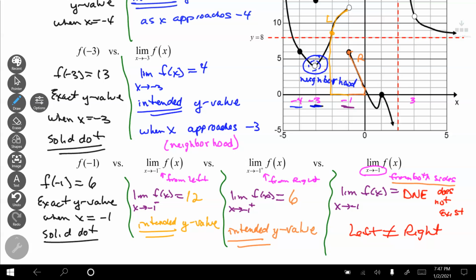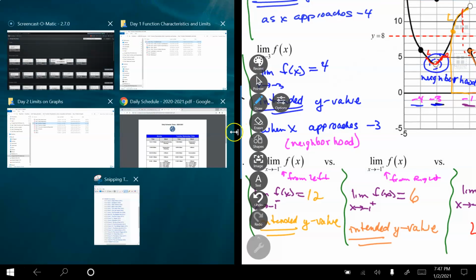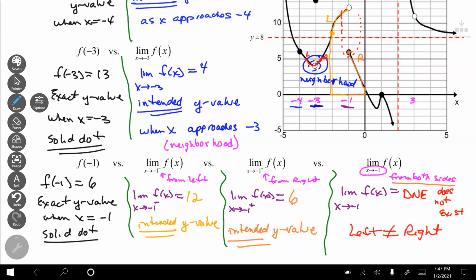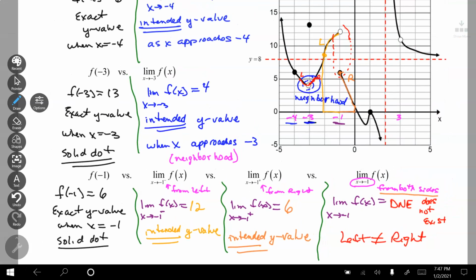Like over here at x equals -3. See, here was the left side, here was the right side, and the left side and the right side met at y equals 4, or that little neighborhood. I can't draw a neighborhood around both the left side and the right side of this graph and capture one specific y value.